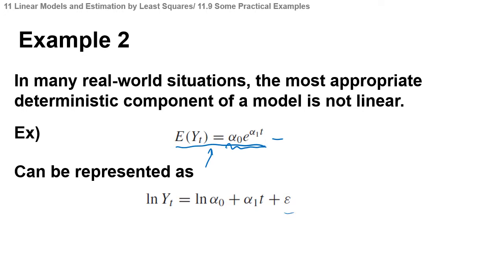So we can model the previous situation using a linear model like this. From here, we can set ln alpha 0 equals beta 0, alpha 1 as beta 1, and t as x. Then this is exactly the same thing that we learned in the linear model chapter.